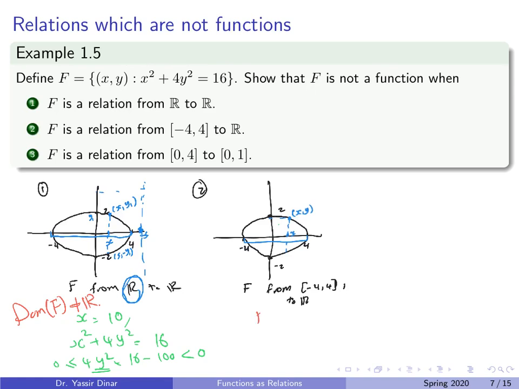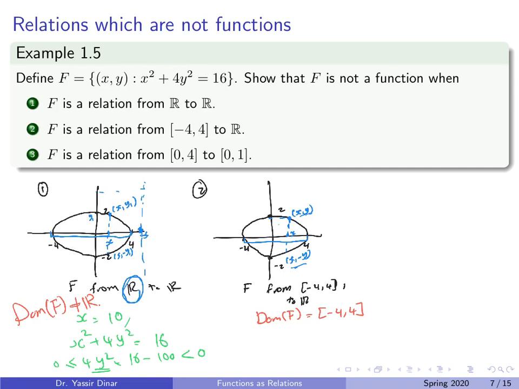This means that the domain of f in this case is all of the interval from -4 to 4. However, if (x, y) is on the curve, then (x, -y) is also on the curve. That means we can find two pairs with the same first coordinate x but different second coordinates, and this means this relation is not a function because it doesn't satisfy the second condition.